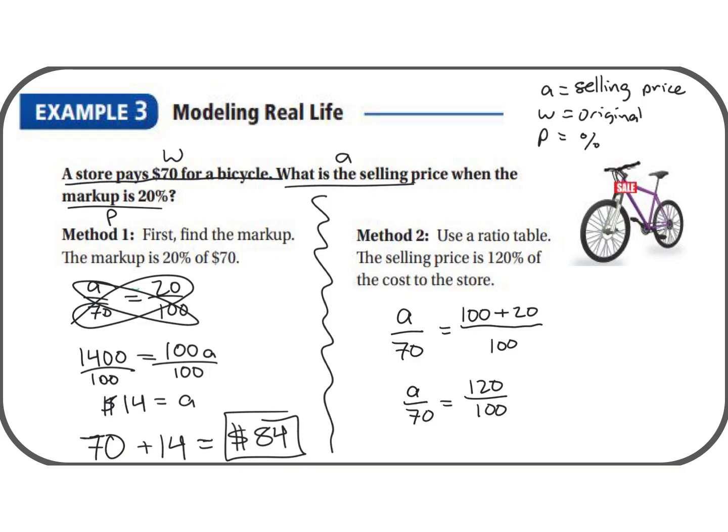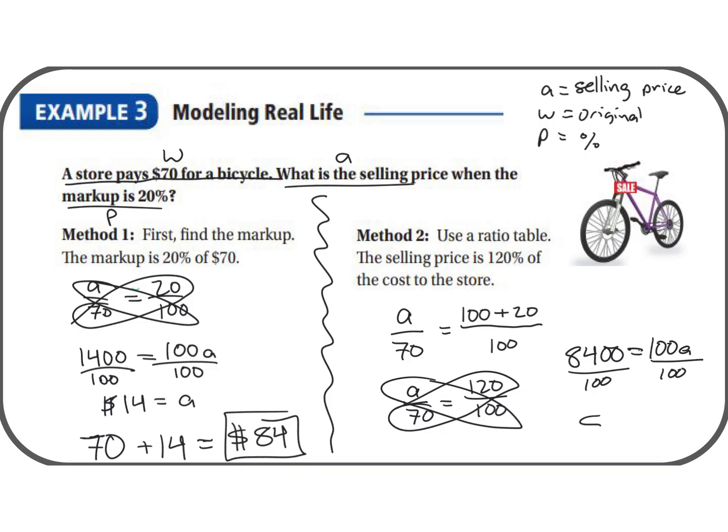That's what markups do. Cross multiplying this out, 120 times 70 gives us 8,400. 100A divided by 100. We get our matching answer of a new selling price of $84.